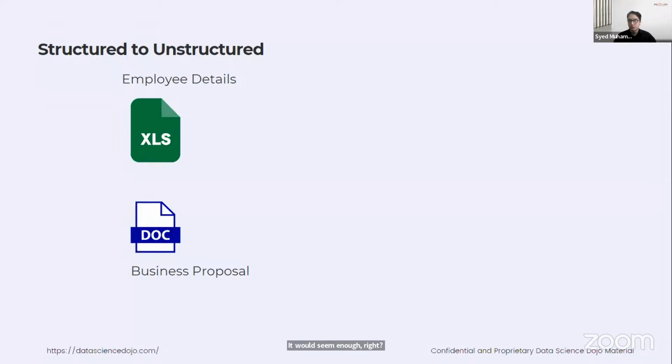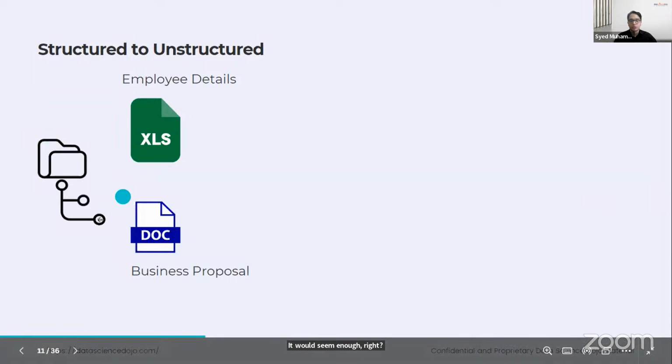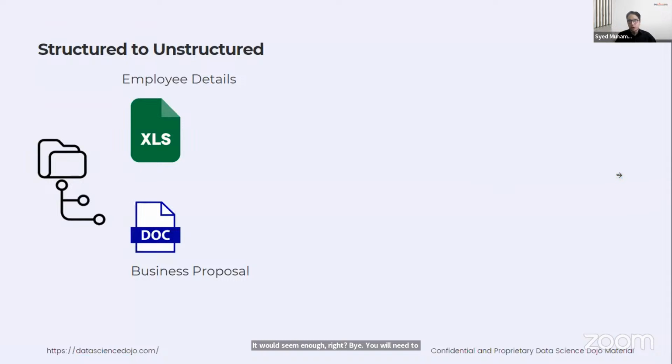But you know that as time goes on, it's going to get more and more complex. So for that, you will need to introduce some sort of a directory structure, like a folder structure or a hierarchy to store that information, so that whenever you need to extract relevant information, you're able to navigate to a particular folder and open those folders to get the details.